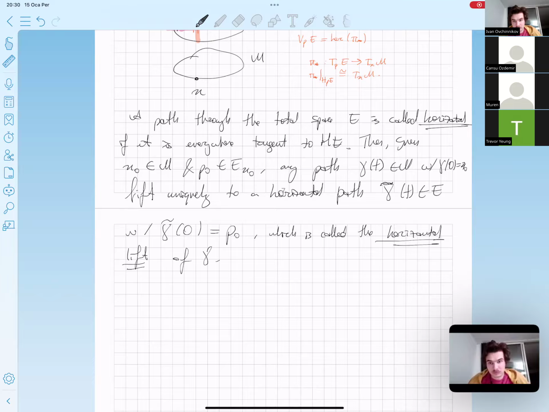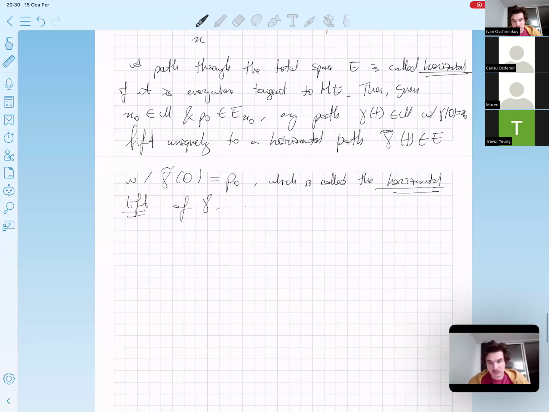And its tangent vectors satisfy this, this is T, sorry.